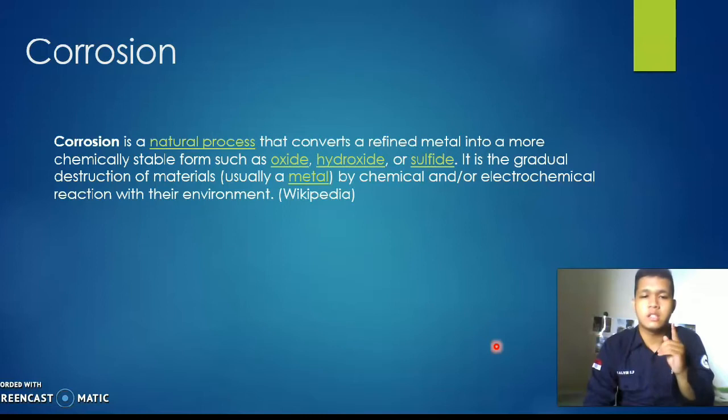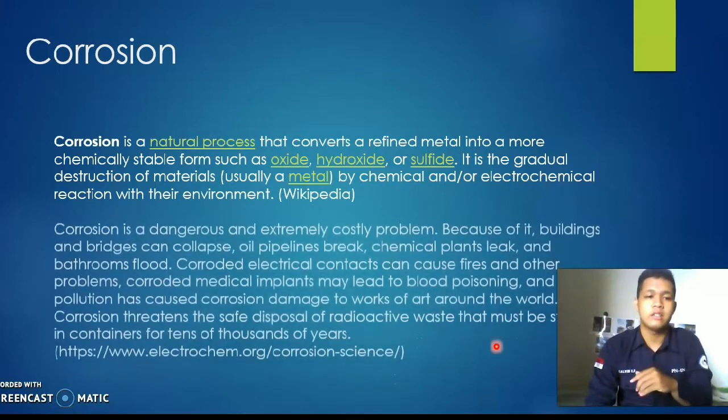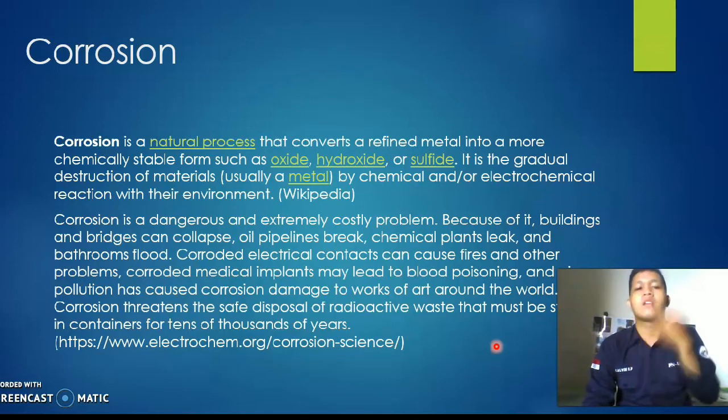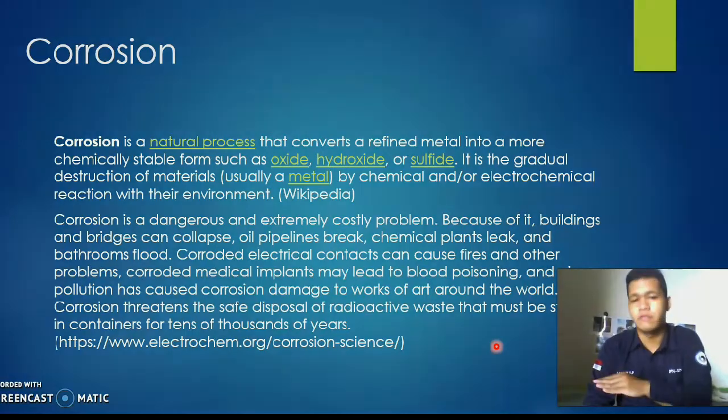This is from Wikipedia. Corrosion is a dangerous and extremely costly problem. Because of it, a bridge can collapse. This is a definition of corrosion. You can read it. The point is that corrosion is a dangerous and extremely costly problem, especially in aircraft.